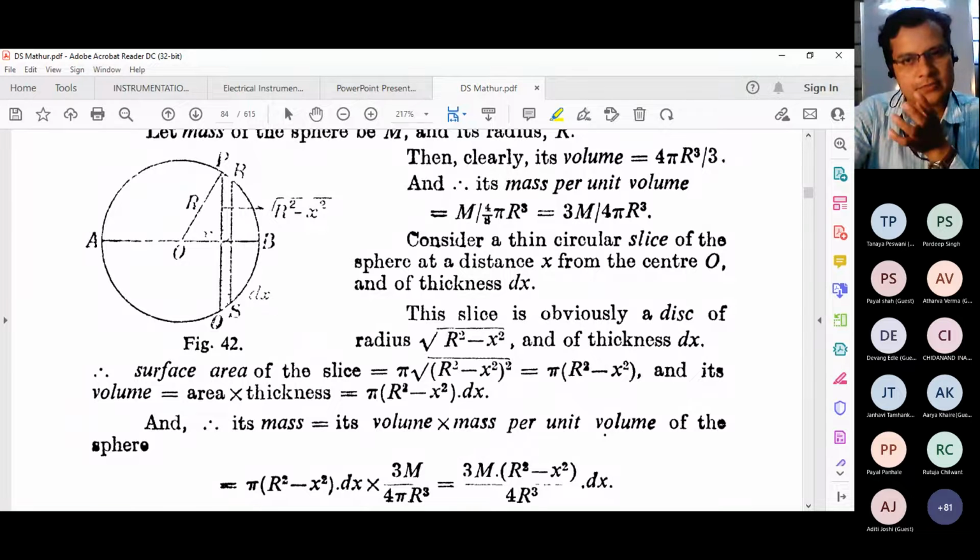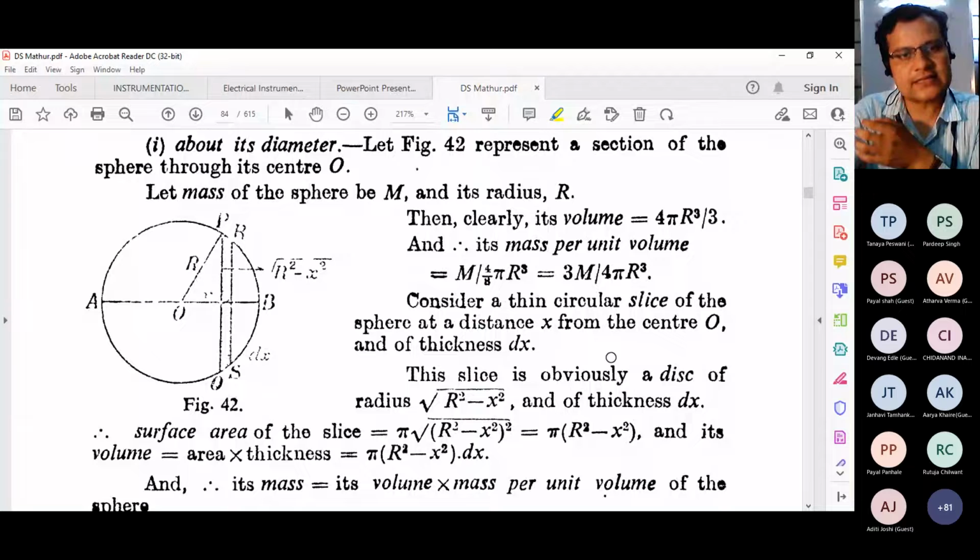Why do we need that volume? Because we consider the mass and the volume of the sphere, so we need mass per unit volume.